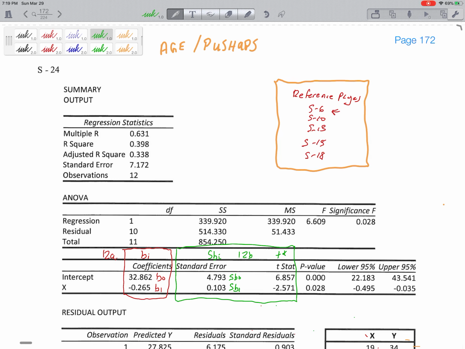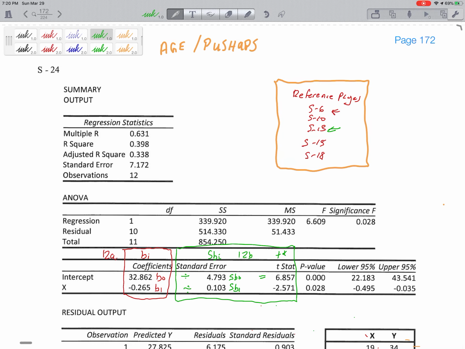Now, for each line, if you took the 32.862 and divided it by 4.793, then you would get the t star value of 6.857. And we looked at that on page S13, where we did the hypothesis test.